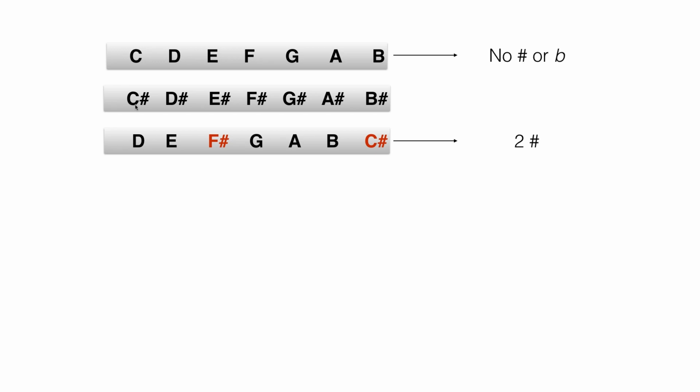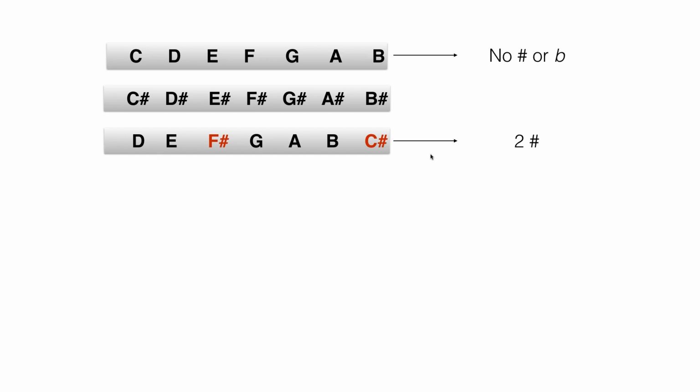This is the C sharp major scale. And now let's go even one more half step. So from C sharp we go to D. From D sharp we go to E. From E sharp we go to F sharp, because E sharp is F, so plus a half step we get F sharp. From F sharp plus a half step we go to G. From G sharp plus a half step we go to A, A sharp plus a half step we go to B, and B sharp is C, the enharmonic of C, so plus a half step we go to C sharp.